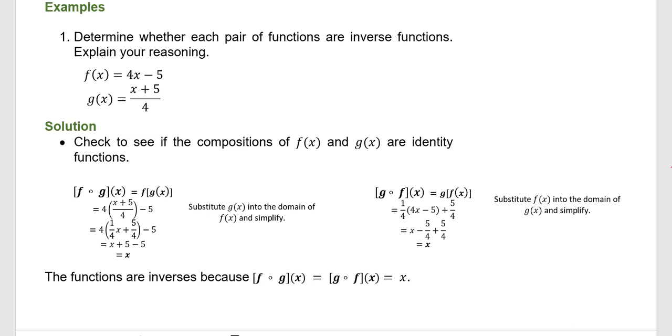So f of g of x is plugging g in for all x's within f, which gives us 4 times, and then in place of this x, we put in the whole expression for g of x: x plus 5 over 4, minus 5. The 4's cancel out.